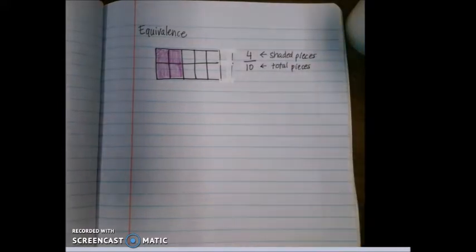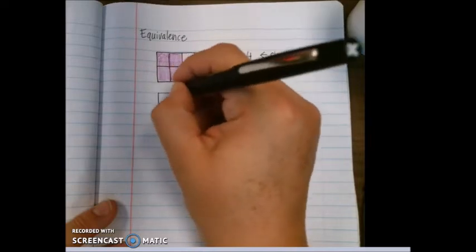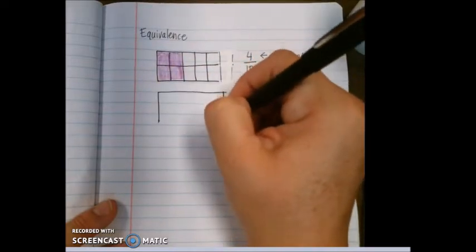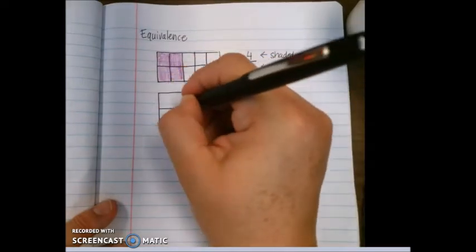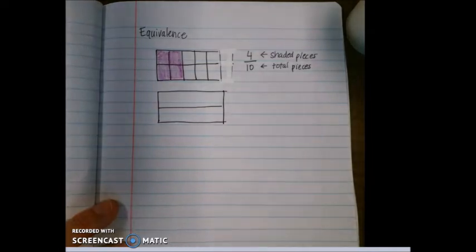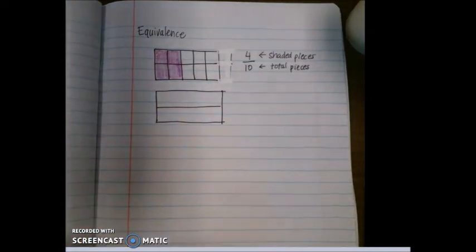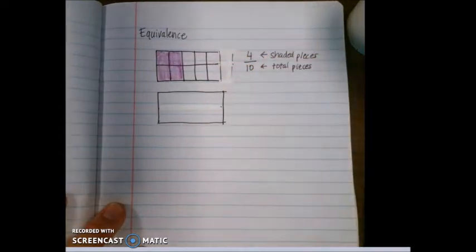Okay? So now we're going to talk about making a fraction equivalent to this. So if I have something that is the same size, and I divided it, not that way, I divided it, instead of into tenths, I divided it into fifths.